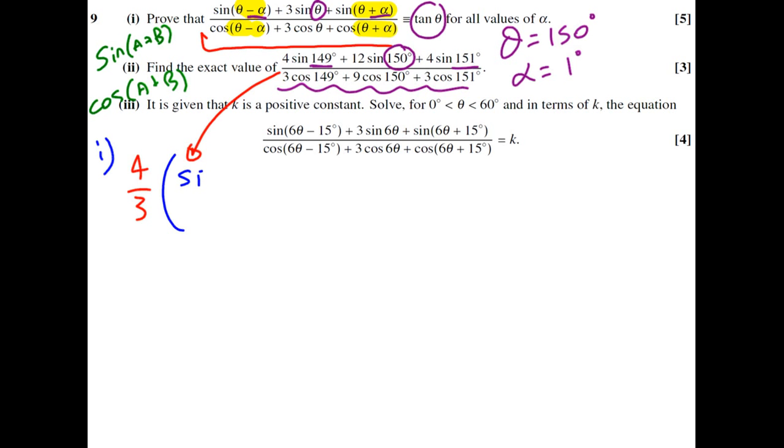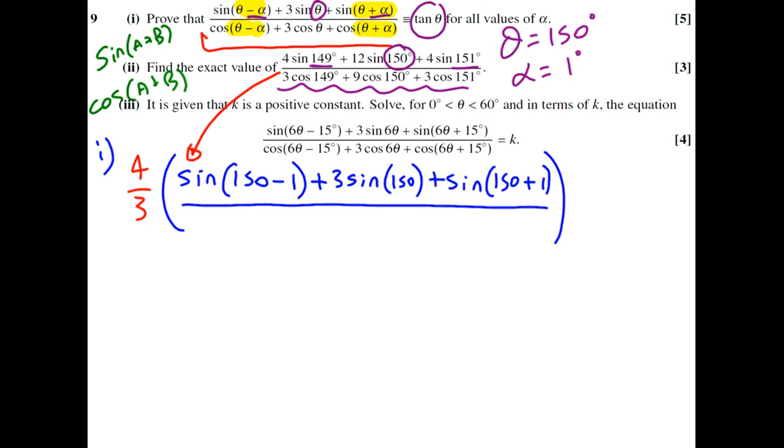So we get sine of 150 minus 1, these are in degrees by the way, plus 3 sine 150 plus sine 150 plus 1, and that's all over cos of 150 minus 1 plus 3, remember we factorised out cos 150 plus 3 cos 150 plus 1.